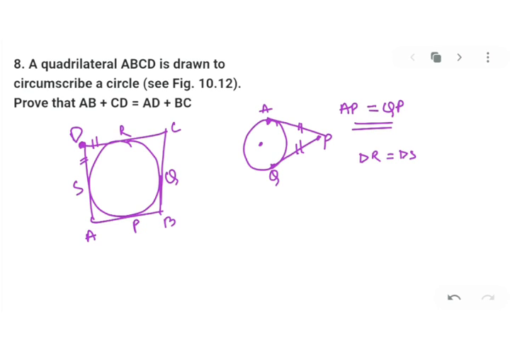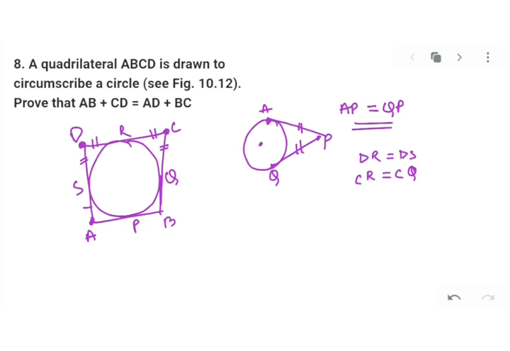You can also notice that from C point there are two tangents, CR and CQ. Can I write CR and CQ are also equal? Because these are the tangents from an external point of the circle and those tangents are equal.